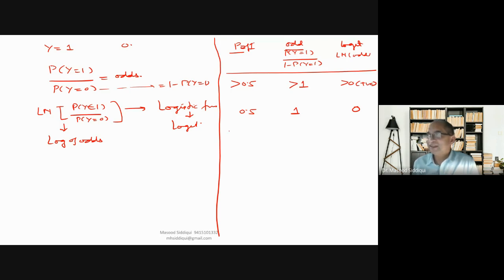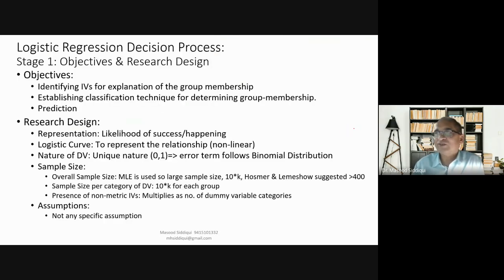In the same way, if p is less than 0.5, for example 0.3, the numerator is 0.3 and the denominator is 0.7. This value would be less than 1, so the logit would be negative.